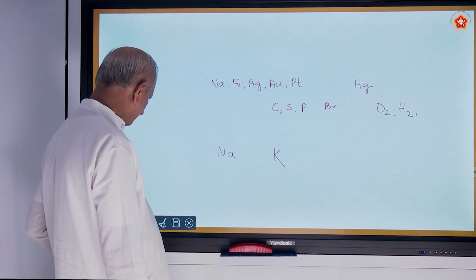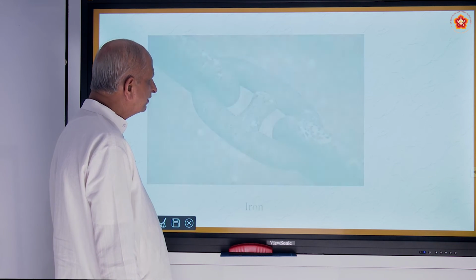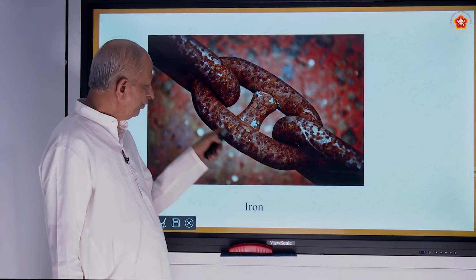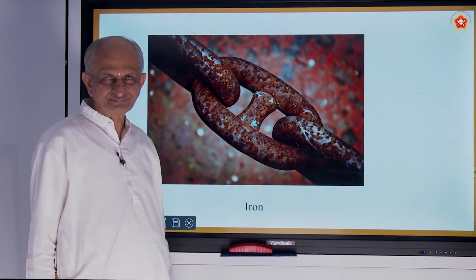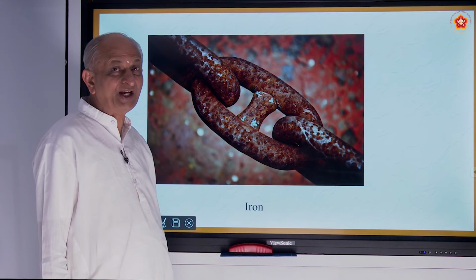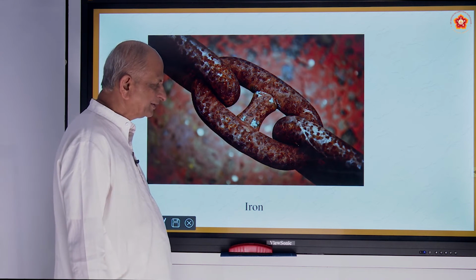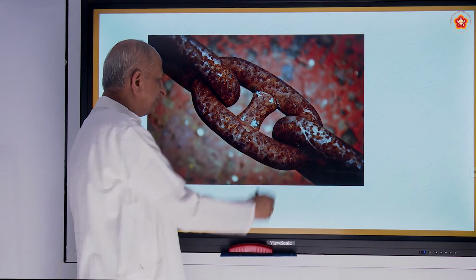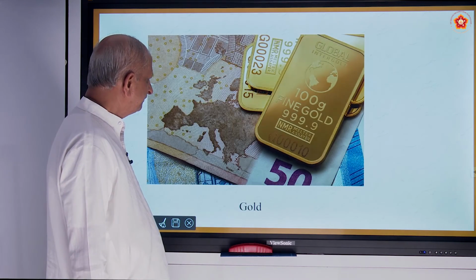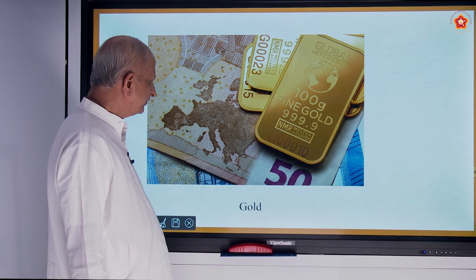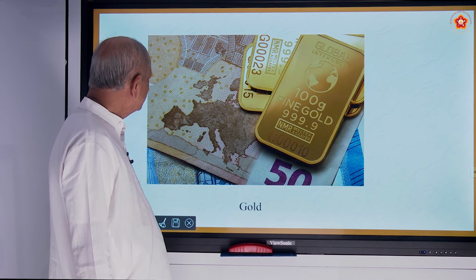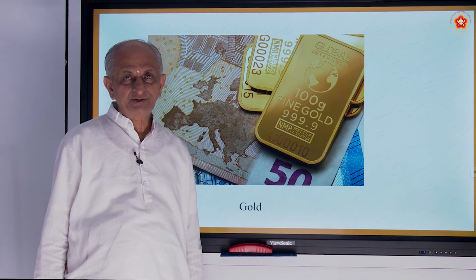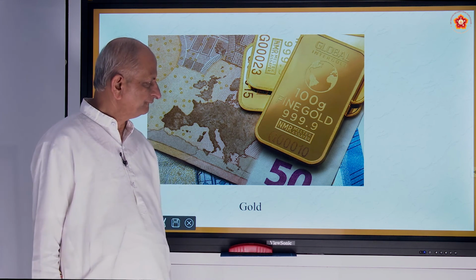So these are some of the properties of metals and non-metals. So for example, iron. Do you know why this red color comes? That is called rusting of iron. When iron is exposed to moist air, there will be formation of rust. Okay, and this is gold, by which all different ornaments are made. In India also we have got some gold deposits, but the highest is in South Africa.